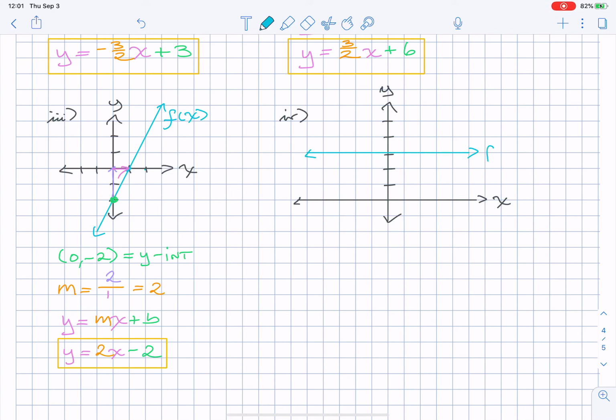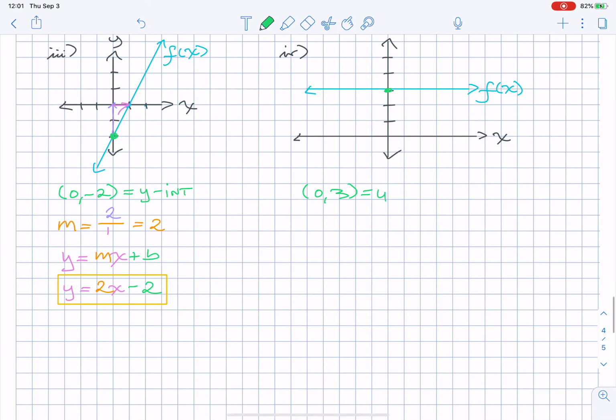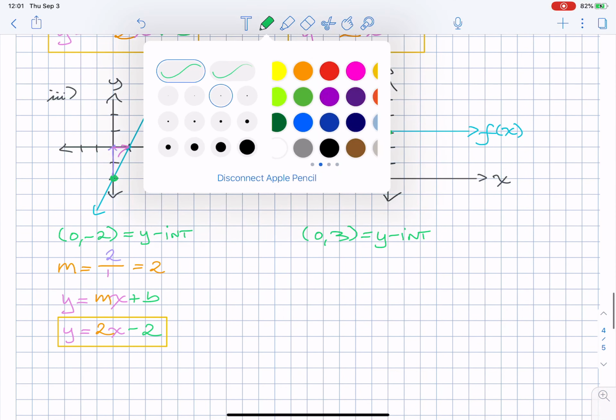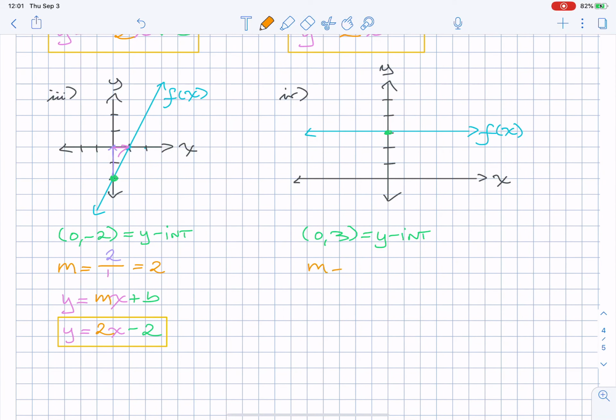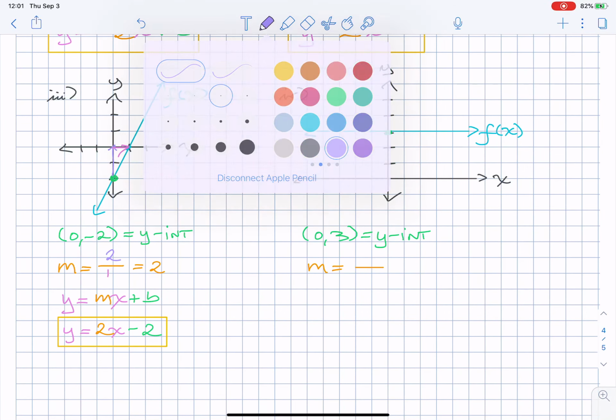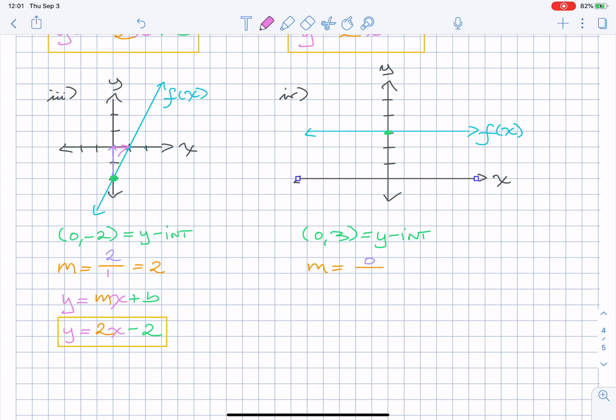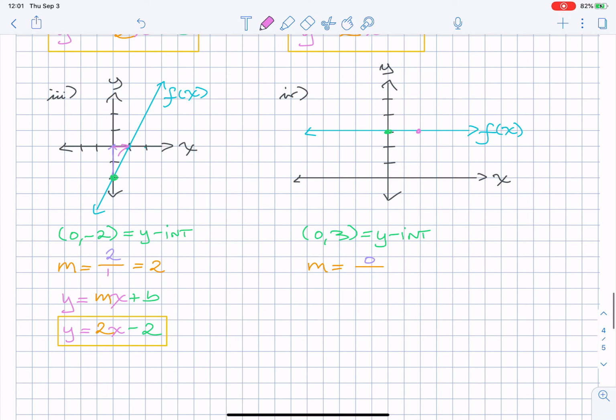If this is my f of x, then I claim that 0, 3 is the y-intercept, and I claim that my slope is rise nothing and run whatever I like. Let's say we run 2.